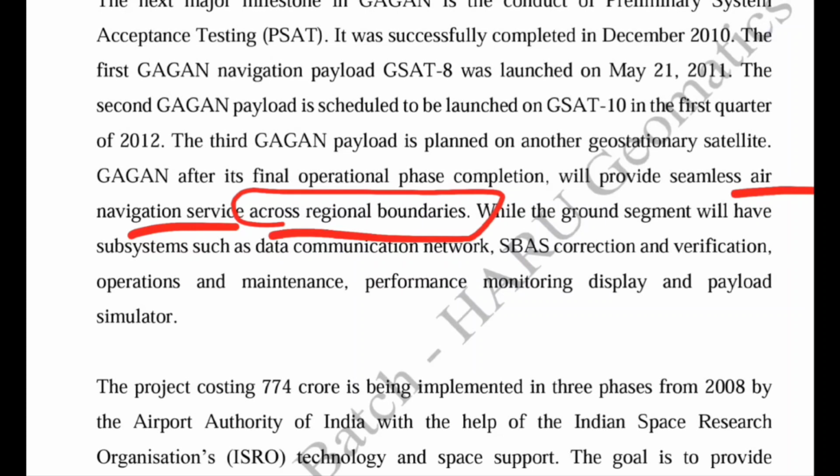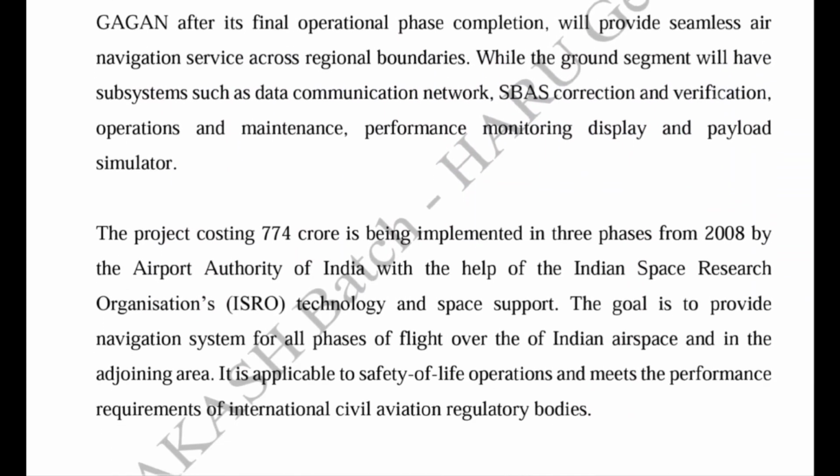And the ground segment will have substations such as the data communication network, SBAS correction and verification, operations and maintenance, performance monitoring display and payload simulator. So these are the basic features which will help the Gagan to be launched into their orbits.